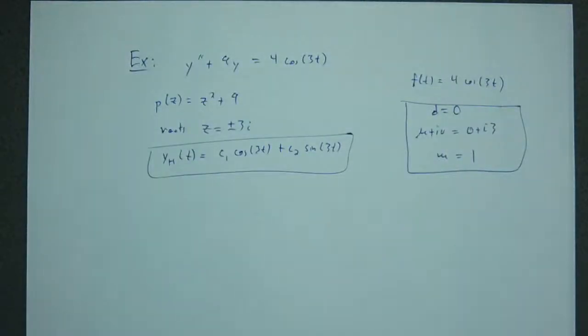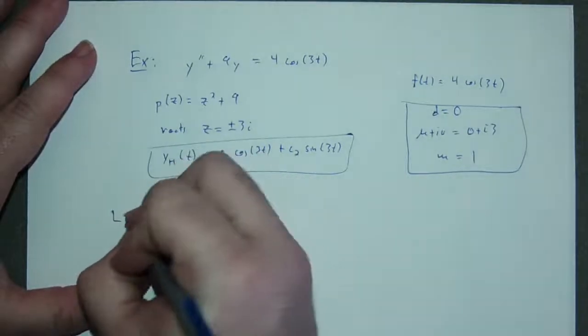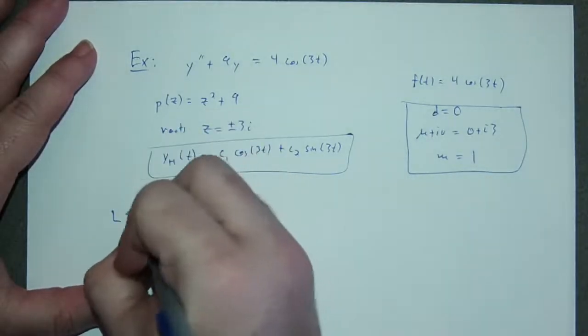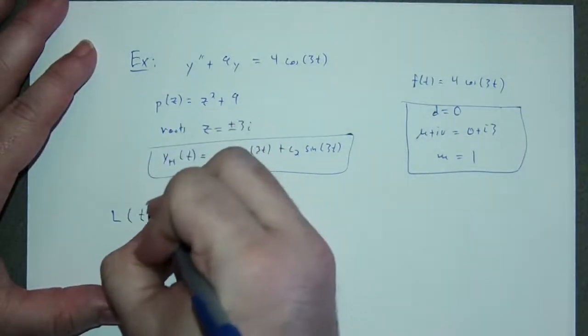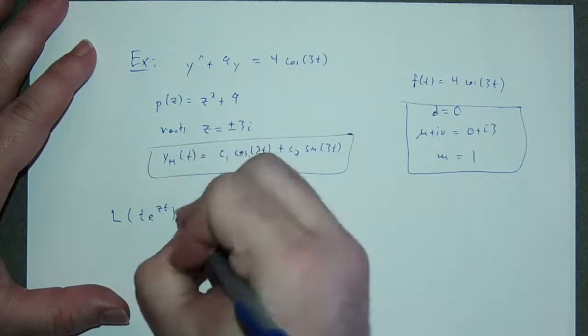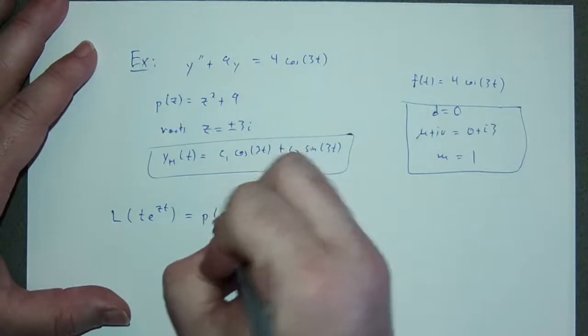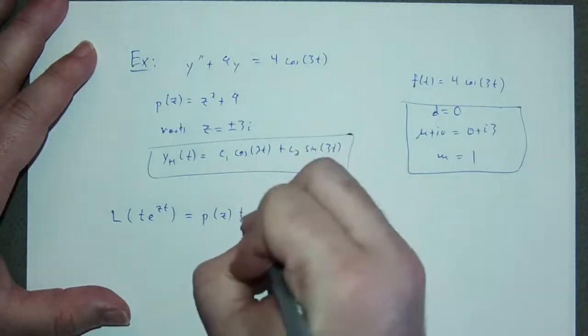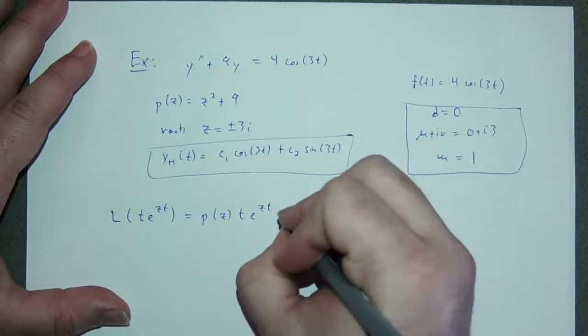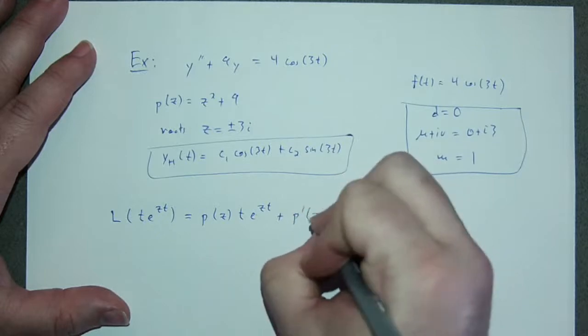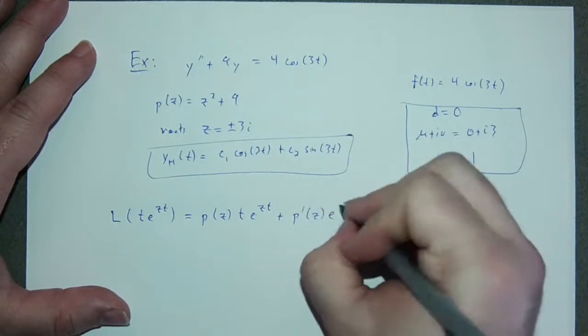Let's write that out as always. We write out the key identities that we are going to use, and then we do our evaluation. So L of t e to the zt is equal to P of z t e to the zt plus P prime of z e to the zt.